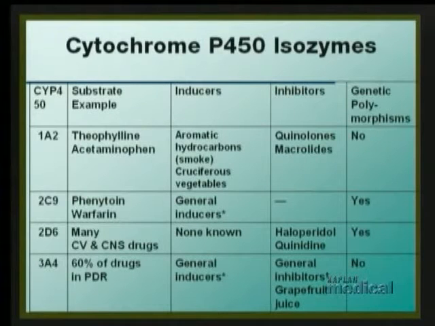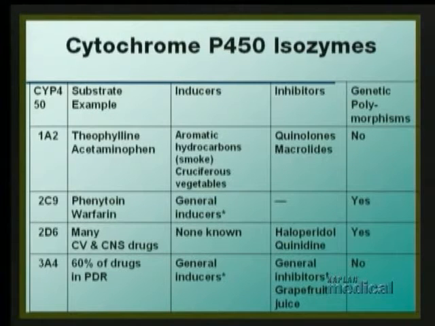So if we pick on CYP1A2, for instance, it would tell you 1, it's the first family of P450, it's the subfamily A of a series of subfamily, and it's the second member of that subfamily as an enzyme.